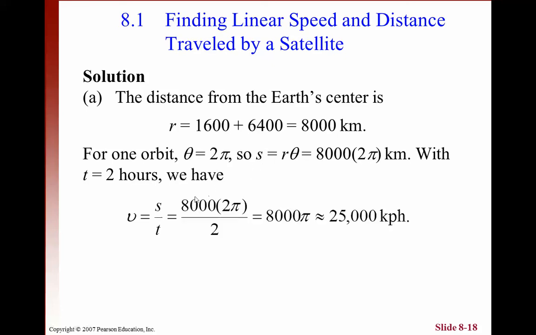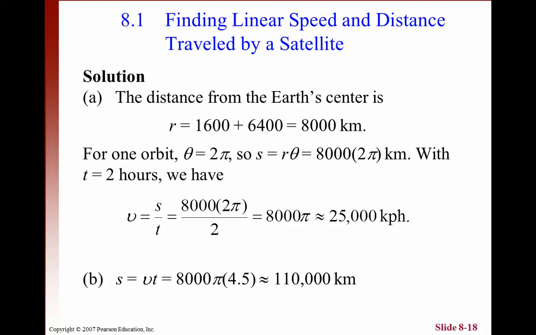The linear speed is how far it went, so s, which is 8,000 times 2 pi, divided by 2. The 2's cancel out, and we get 8,000 pi, or about 2,500 kilometers per hour, which is pretty fast.